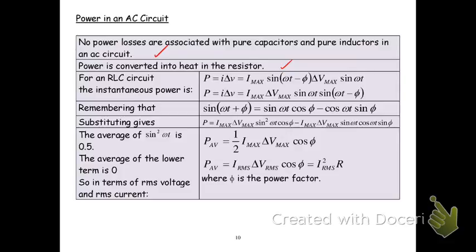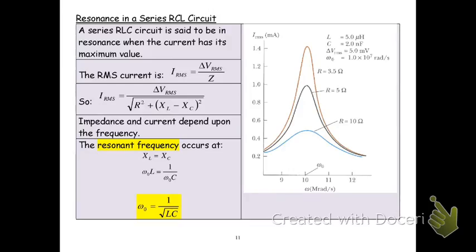I can play a game with that, and what I end up with is that the power loss equals I squared R. So that's something worth knowing, I squared R. And if I do what we did in class the other day, and plot out some nice graphs for a given L and a given C, if I change my R, I go from a broad value at a big value of R to a narrow value at a small value of R.